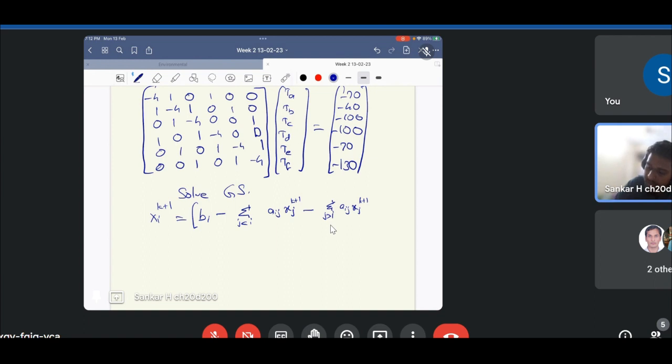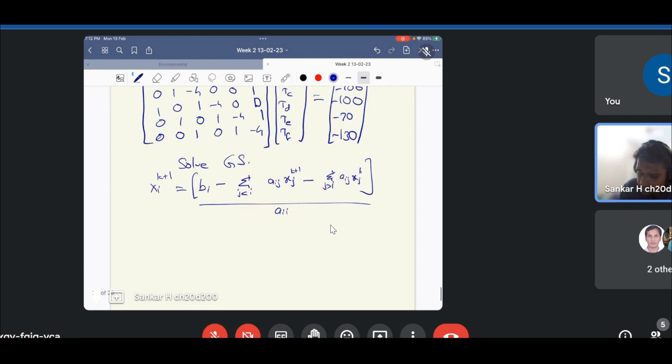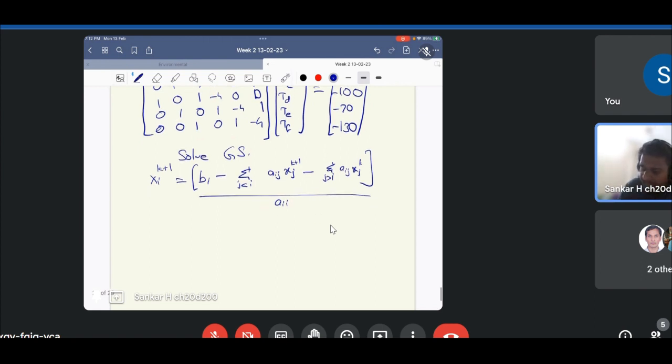Sorry, this will be k. So basically, what I've just done here is to write Ax = b in component form and expand that using this method.